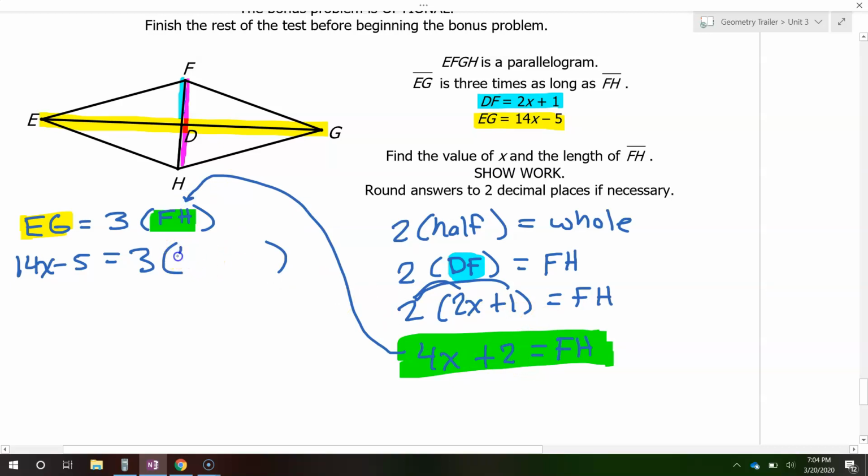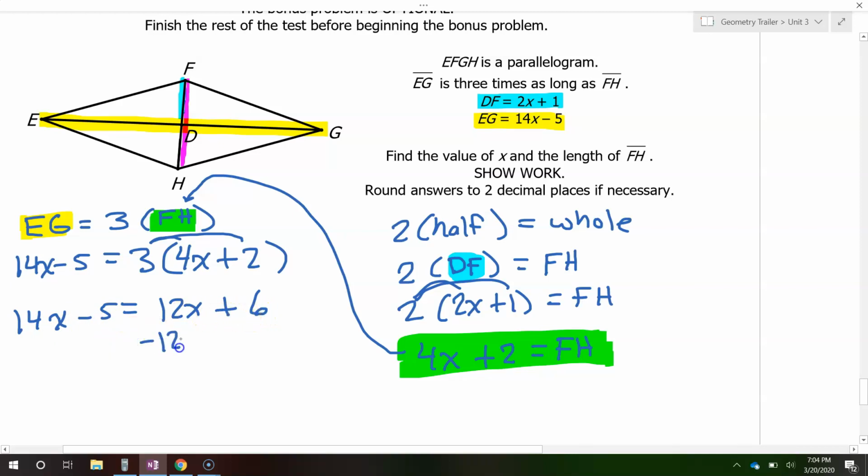So I can go ahead and put that in right here: 4x plus 2. And now I have an equation that I can solve. Another distributive property tells me that I will have 12x plus 6. And meanwhile, on the left side, I still have 14x minus 5. All right, that looks better.